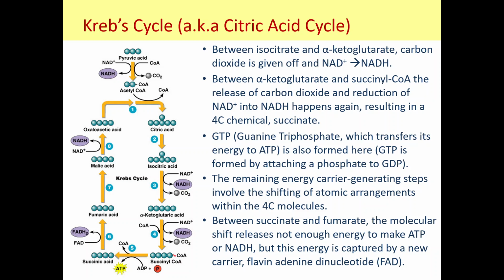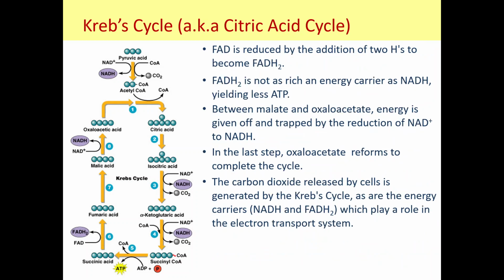These are the significant processes in the Krebs cycle that produce ATP, and also at the end of the process, ATP would be produced. Again, please take a look at the notes attached here.